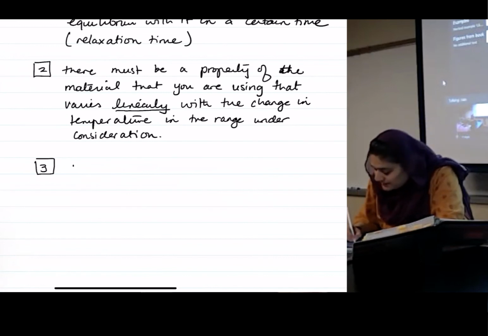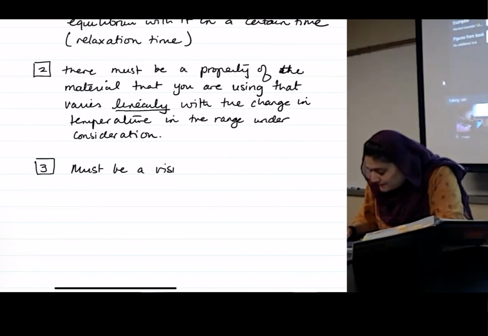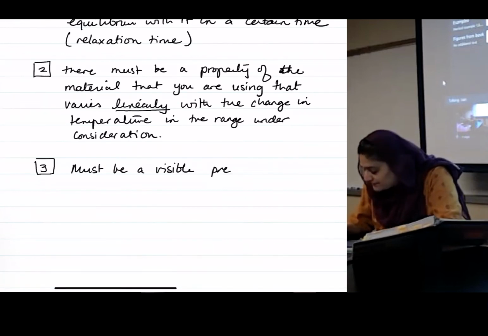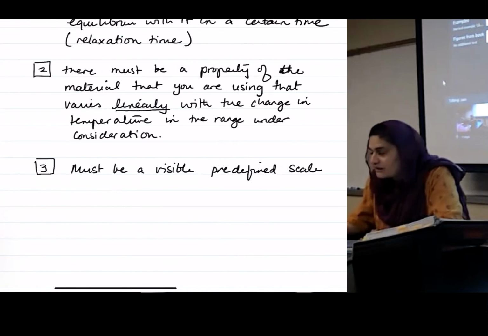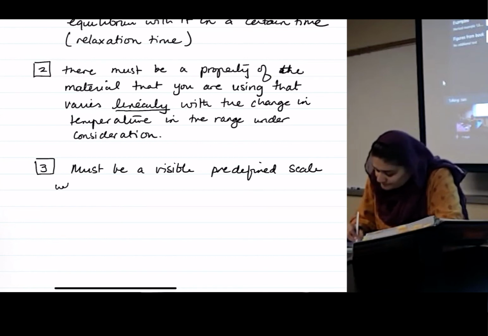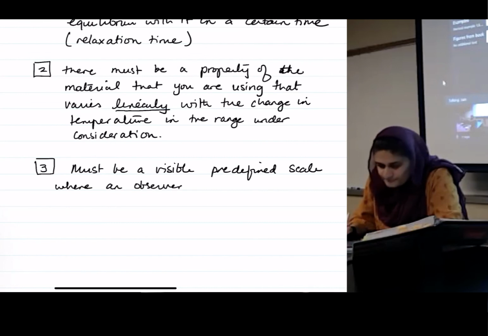Okay, number 3. There must be a visible, predefined scale where an observer must observe.